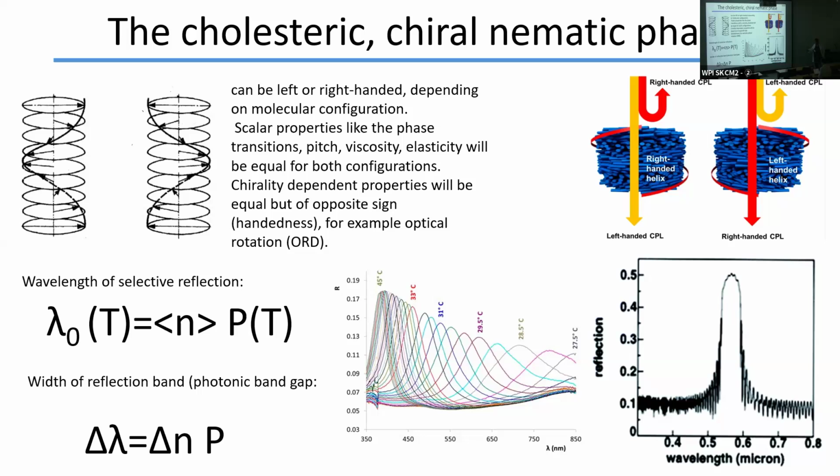So by lowering the temperature, we shift to the longer wavelength band, which is not the typical way, but you can construct it that way if you want to. Normally, the pitch becomes shorter as you increase the temperature. But you can make mixtures that do the opposite.